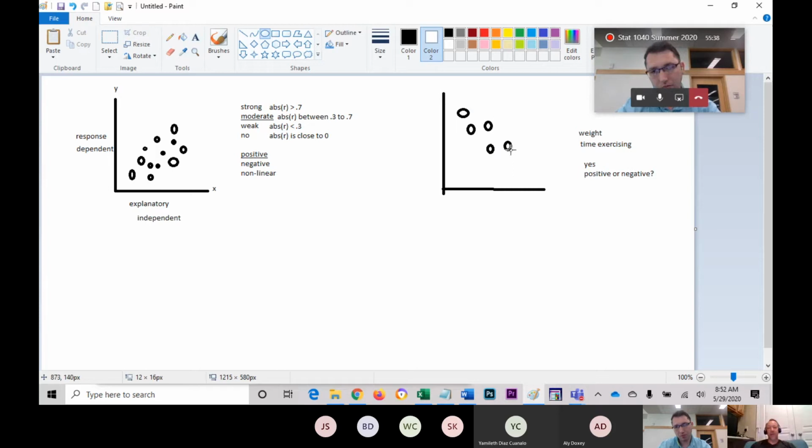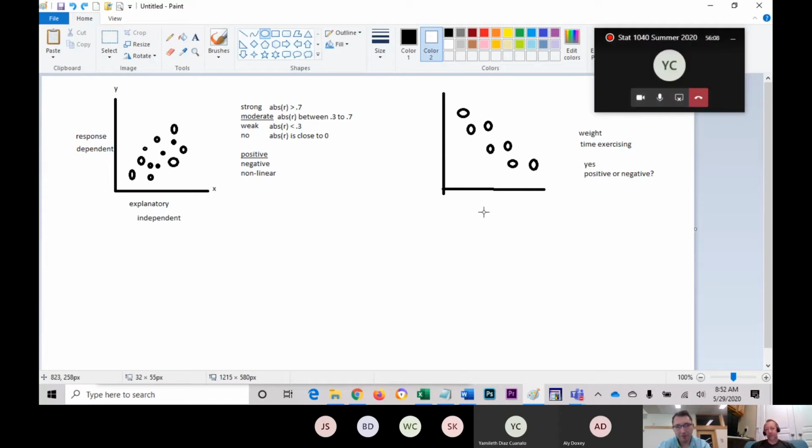These dots are so big, I apologize. It's hard to draw on here, but okay. Now, as we're labeling our axes, does your time spent exercising explain your weight, or does your weight explain your time spent exercising?